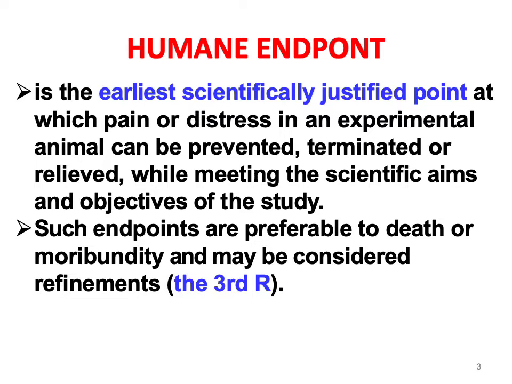So it means that unfortunately we have some obligatory tests prescribed by the OECD where we have to wait for the death of the animal. But instead of such endpoints, the humane endpoints are preferable to death or morbidity and may be considered as a refinement part of the third R.